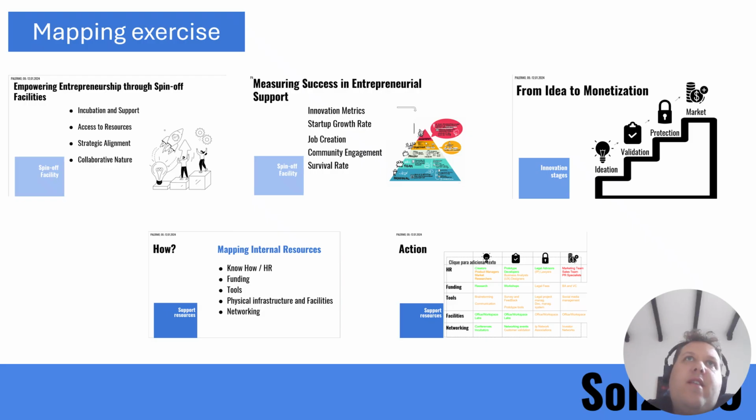We also have discussed what are the measures of success in this entrepreneurial activity, and for that we have created a matrix where we mapped the internal resources, namely the know-how, the human resources, the funding, the tools, the physical infrastructure, and the networking that we have in the different institutions, the different entities, in four different steps of this creation of a new spin-off, from the ideation, validation, protection, and go to the market.